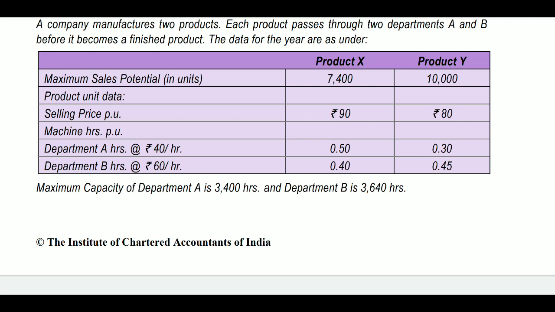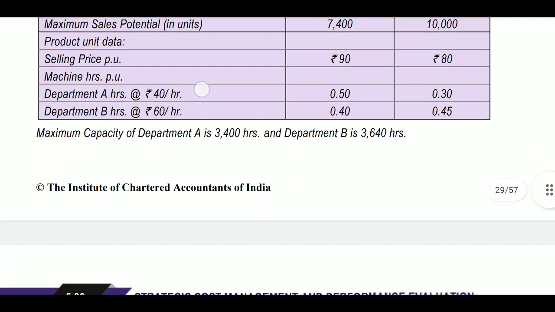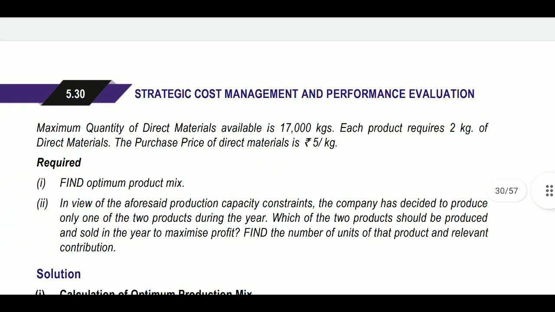So we will see what the available resources are, what the shortage is, and what we require. Maximum quantity of direct material available is 17,000 kgs. Available hours: department A will be 3,400 hours, department B will be 3,640 hours.